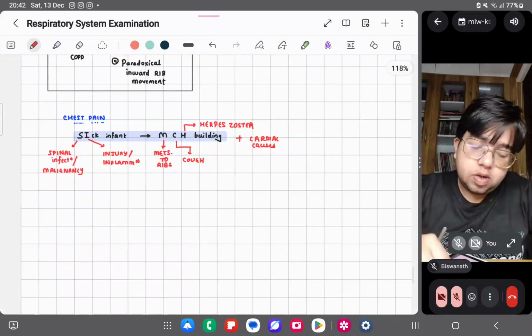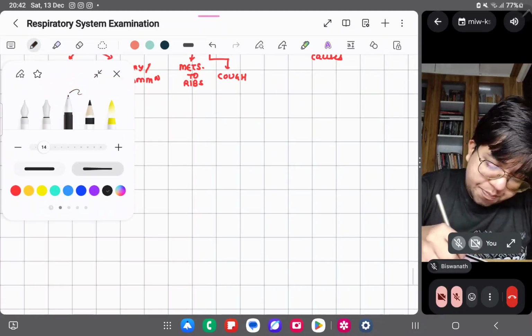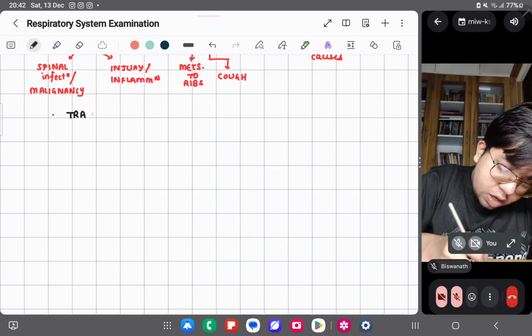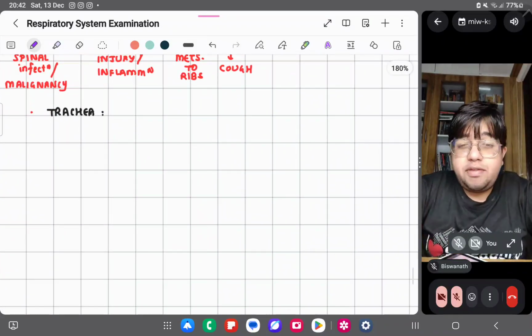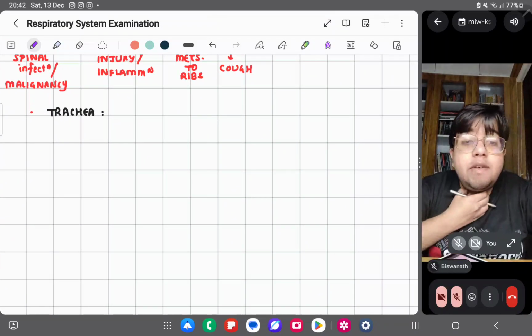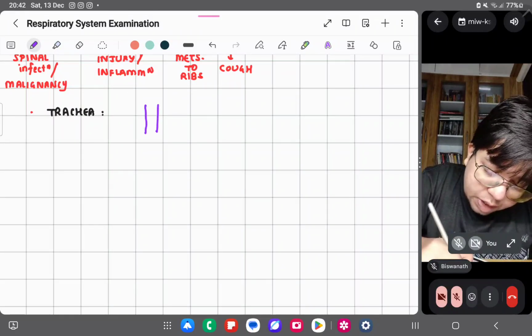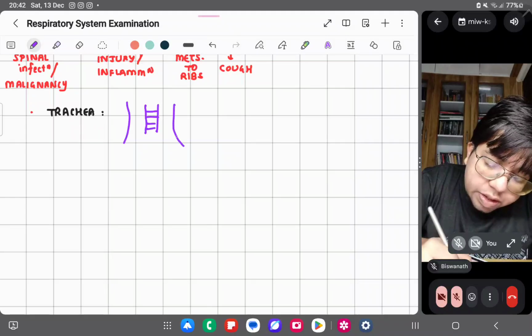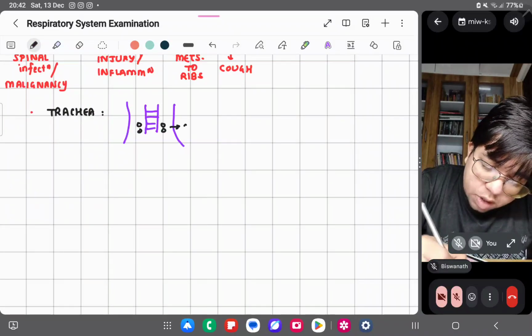So basically, if you're assessing the trachea, we'll use a three finger technique. We say three finger technique, but use the other fingers on the sides. If this is the trachea, this is your neck, you have to put the other fingers here.